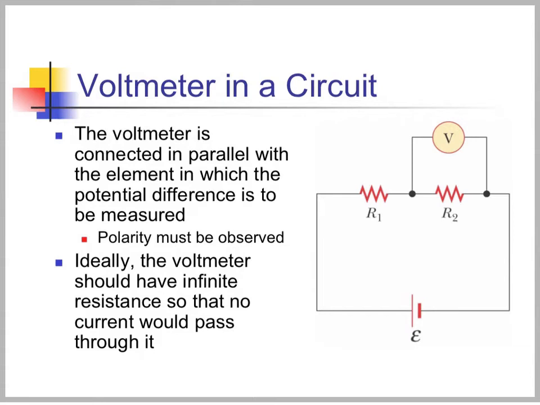And we have to understand that voltage has a polarity. It'll tell me which side is at a higher potential. Now, a voltmeter ideally should have infinite resistance. We don't want any current to pass through this branch. We want only the current to flow through here so we can measure the voltage across that element.